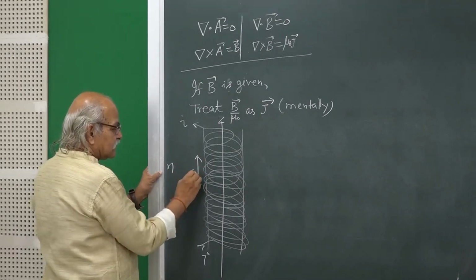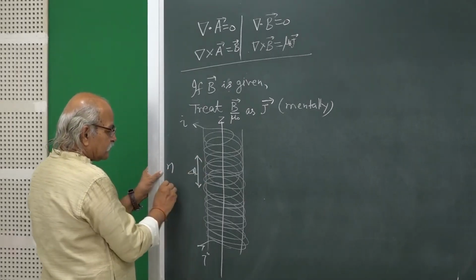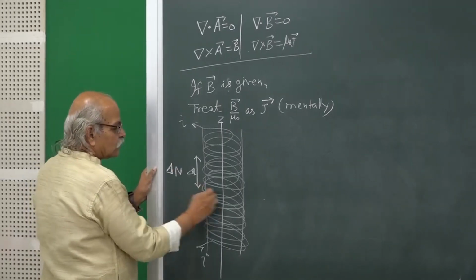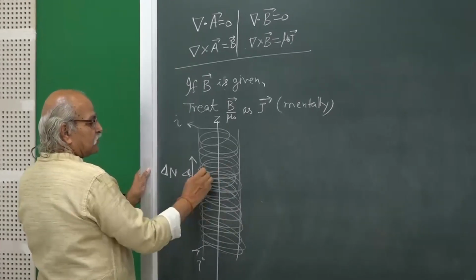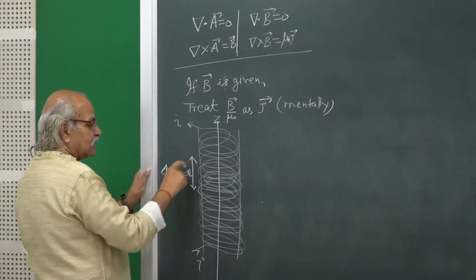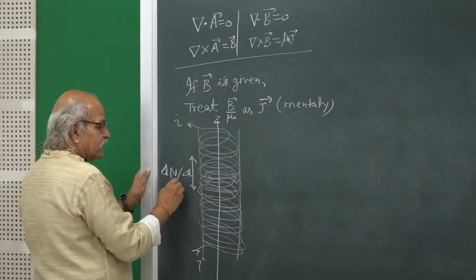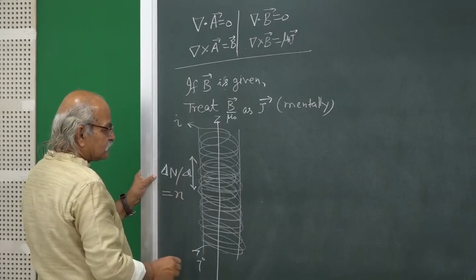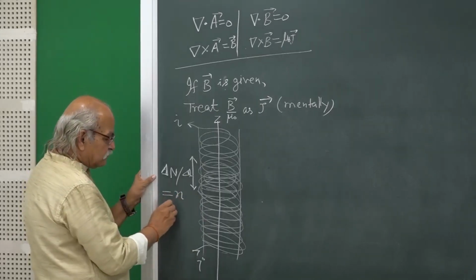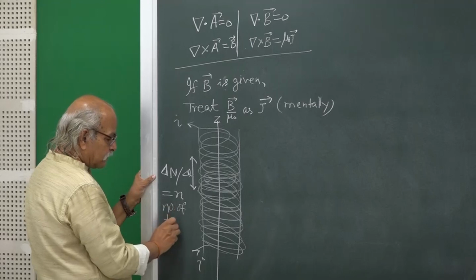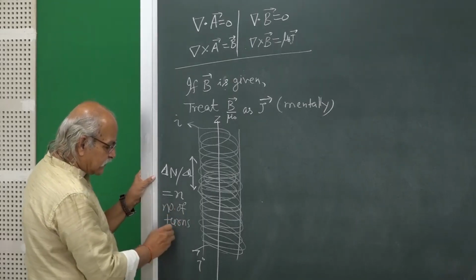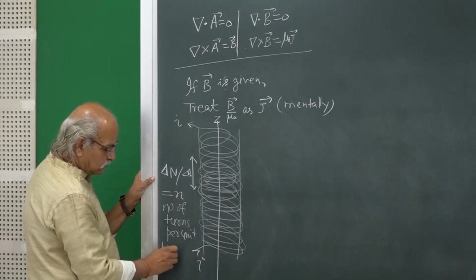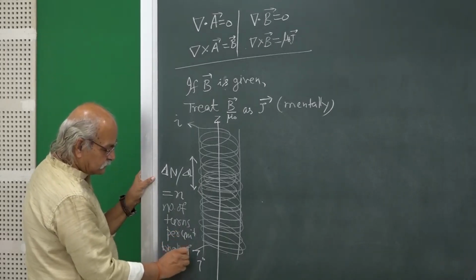If this distance is delta L, then let us say the number of turns is delta n, these many turns, 1, 2, 3, 4, 5. So, number of turns delta n in this delta L length, this delta n divided by delta L is your small n. So, small n is the number of turns per unit length of the solenoid.